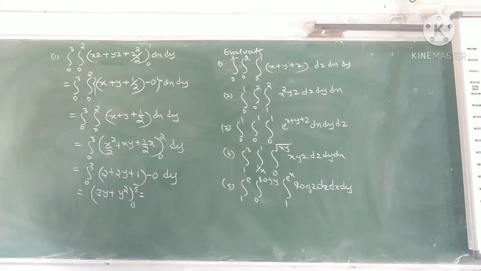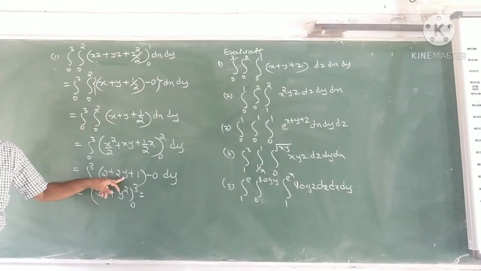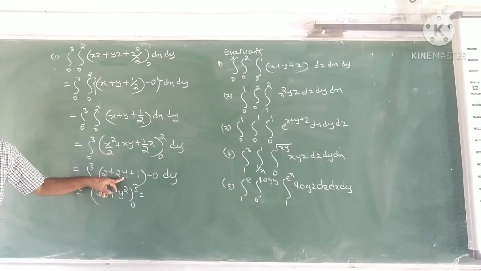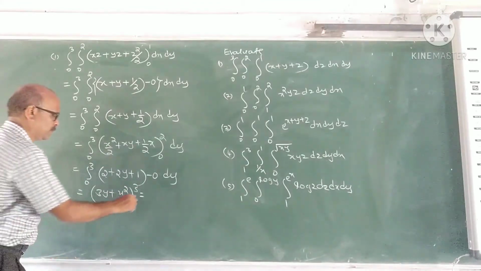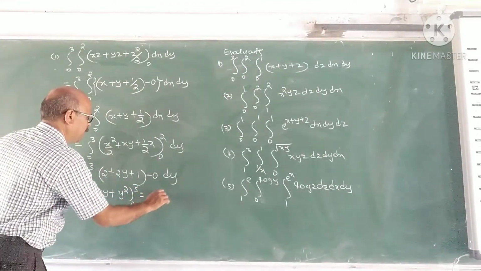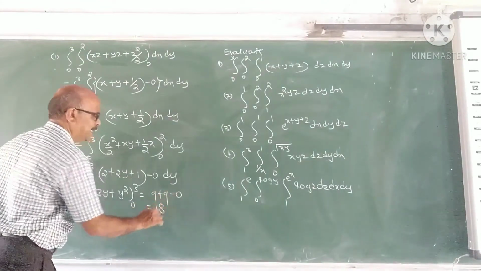We are integrating with respect to y. What is 2y? 2 into y square upon 2. So it is 9 plus 9 minus 0, which is 18.